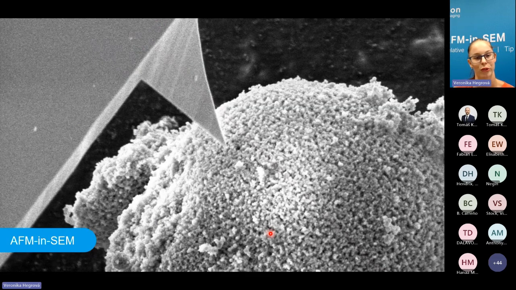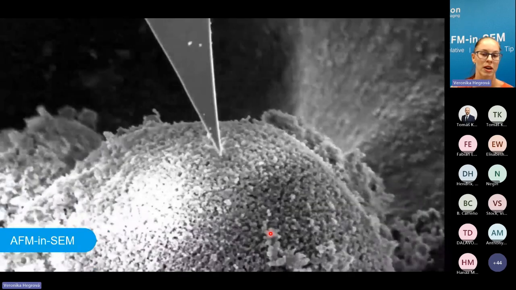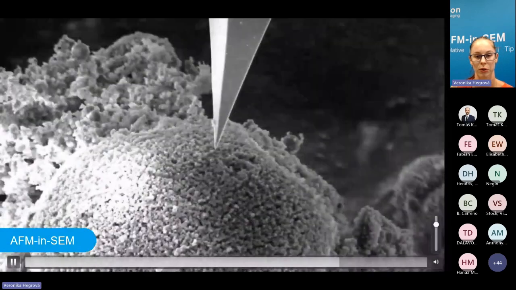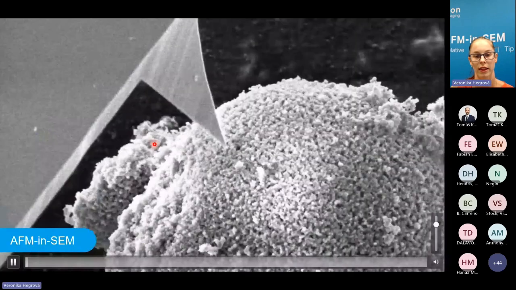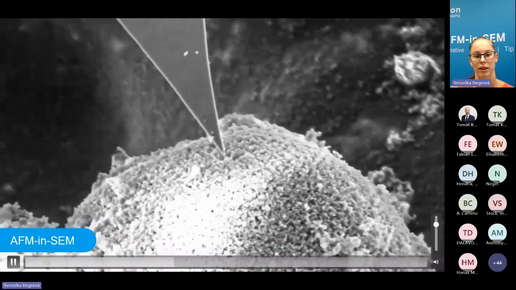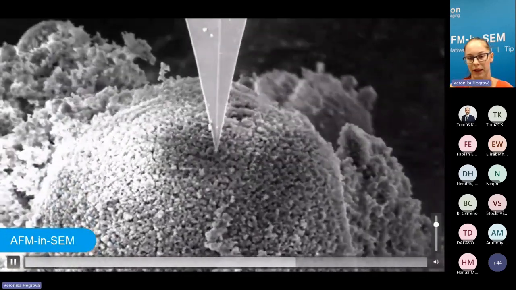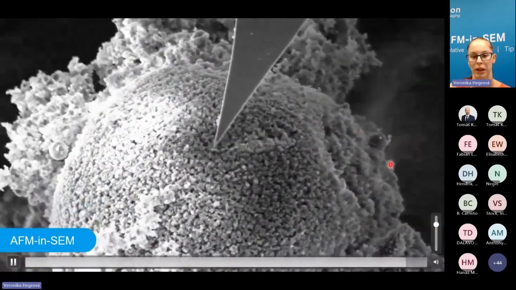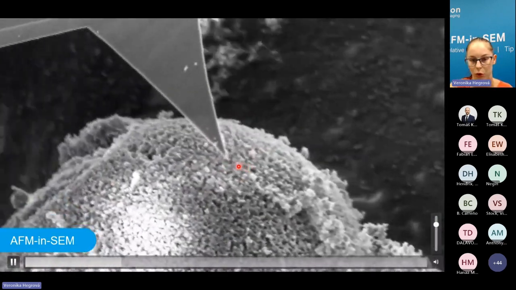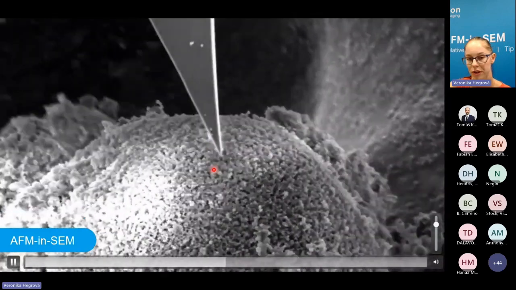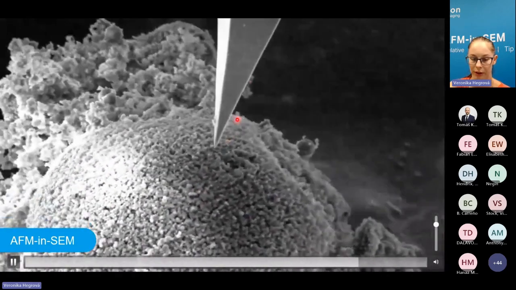Here is a recording of how it can look. So we have a powder particle over here, and then the tip tapping into the surface, so we can get, for instance, the topography and roughness of the material directly.